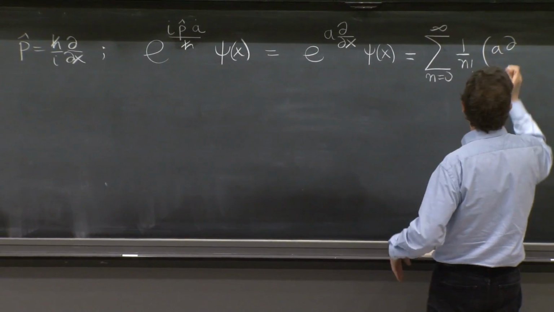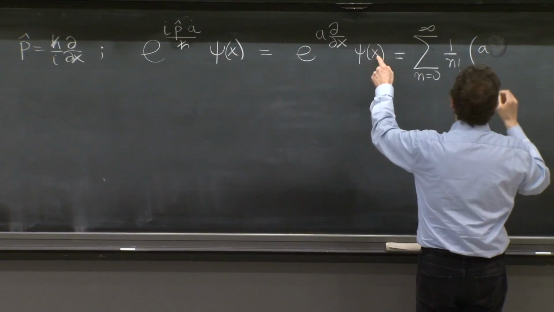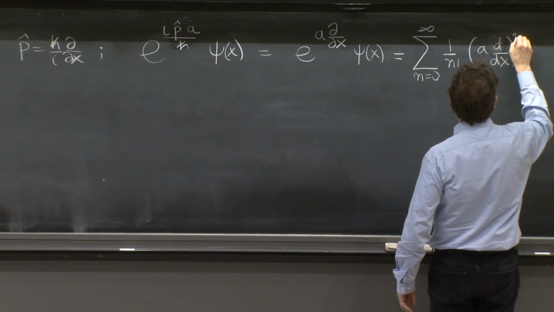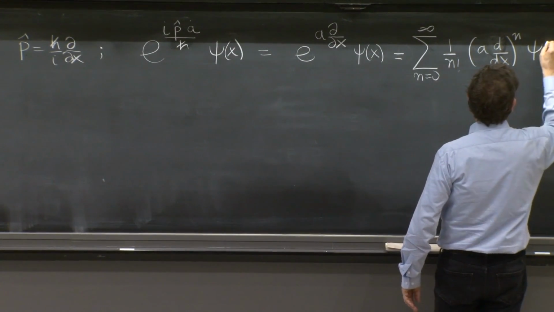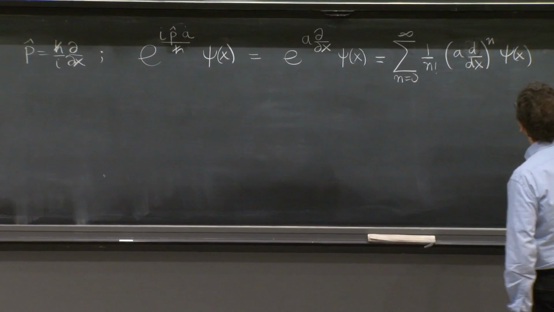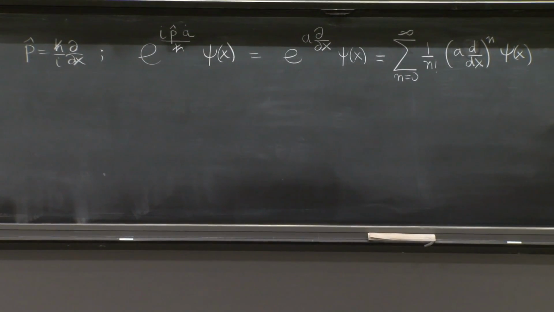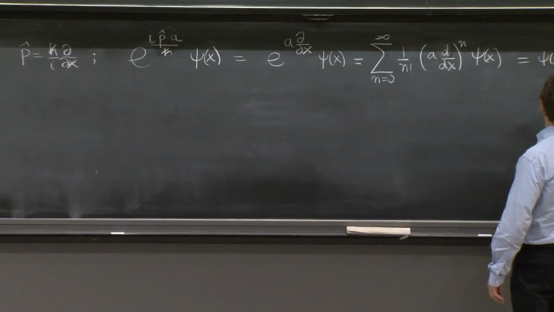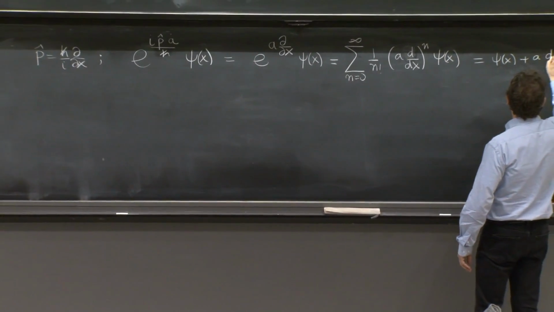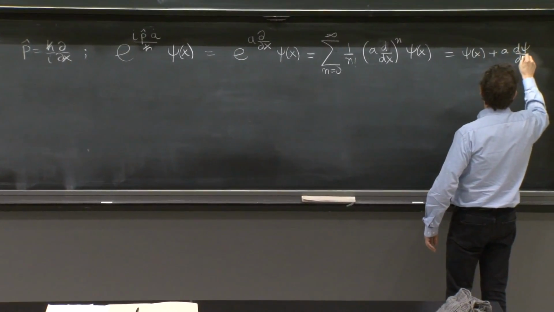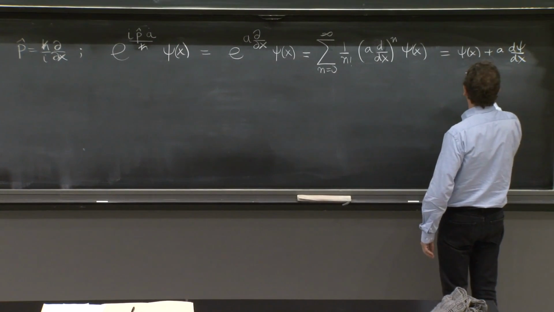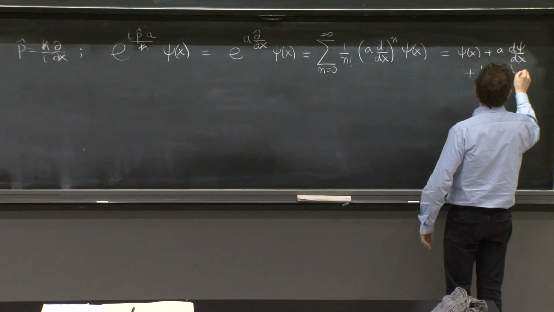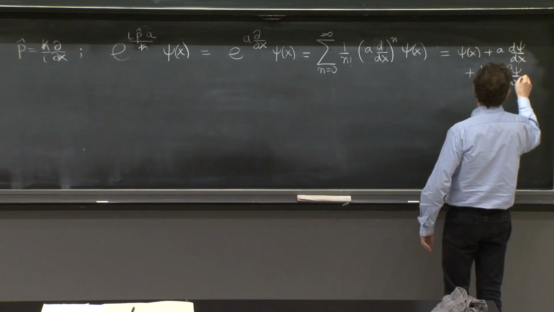I will write it as normal derivatives because we just have a function of x. And you see that, of course, this is psi of x plus a d psi/dx plus 1 over 2 a squared the second derivative d squared psi/dx squared.